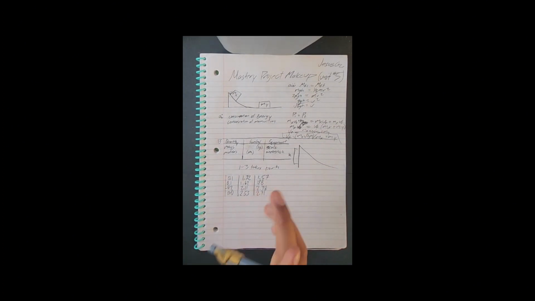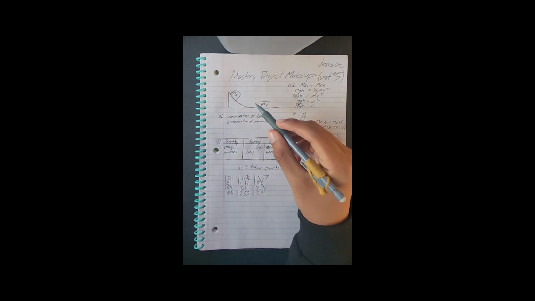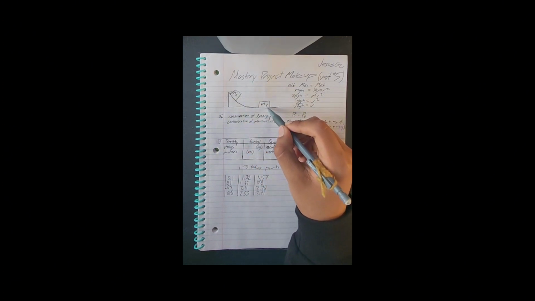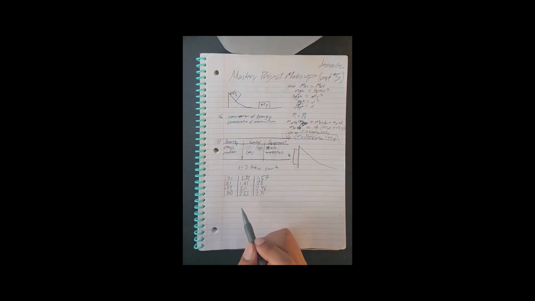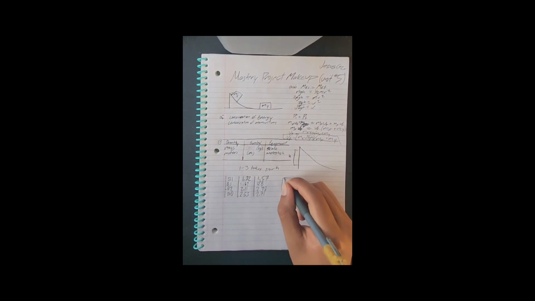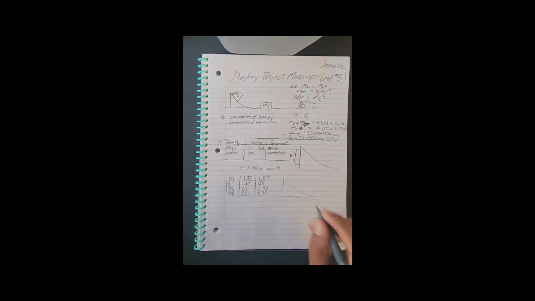So our first one is the actual speed of block X after collision with block Y. So basically, let me draw it out.